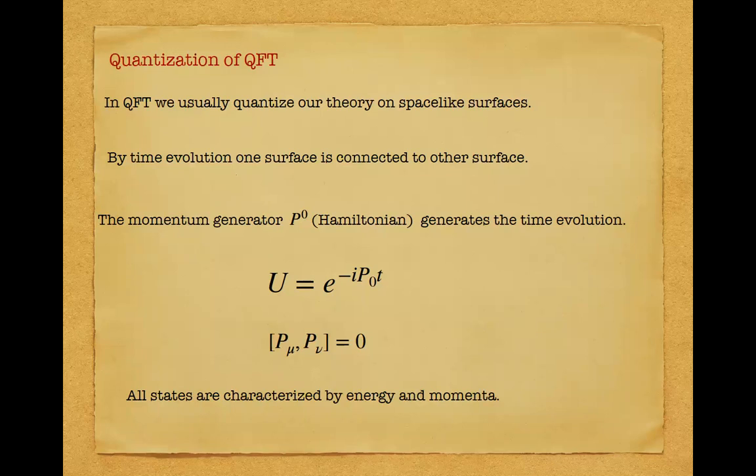One space-like surface is connected to another by this time translation, which is generated by the Hamiltonian. Because all the momenta commute with each other, the states that live on the Hilbert space are characterized by the eigenvalues of the momentum operator, that is, the energy and the momenta of the state.